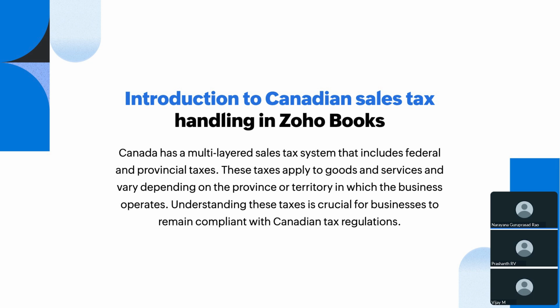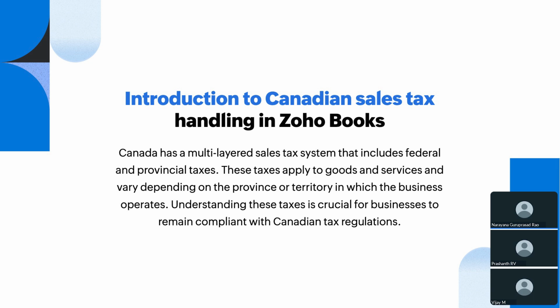First, we will see what is a federal tax and provincial tax in Canada. Canada has a multi-layered sales tax system that includes both federal and provincial taxes. These taxes apply to goods and services, but the rates and types of taxes vary depending on the province or territory where a business operates. Some provinces follow a harmonized tax system, while others have separate federal and provincial taxes.